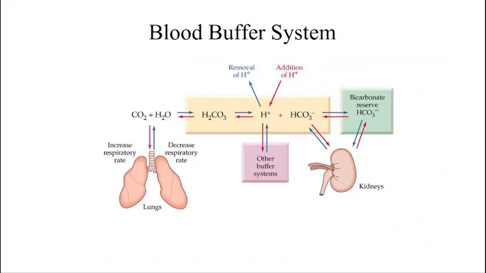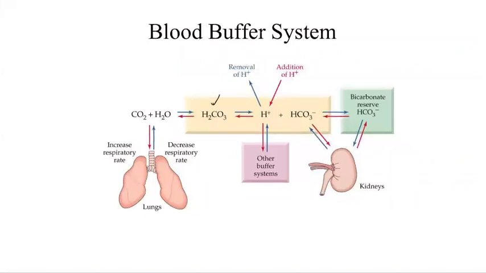This is the one that is in our blood, so that's why it's called the blood buffer system. In our blood, we have carbonic acid, and carbonic acid breaks into protons and its conjugate base, which is bicarbonate, HCO3 minus, okay?